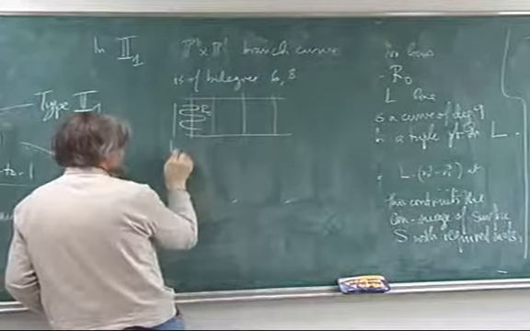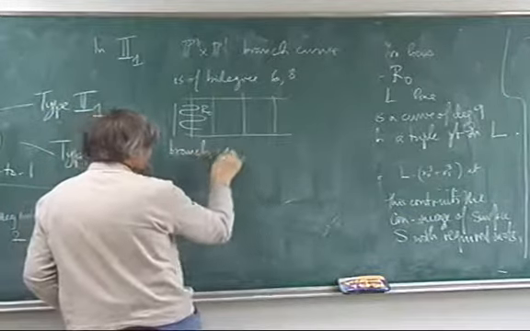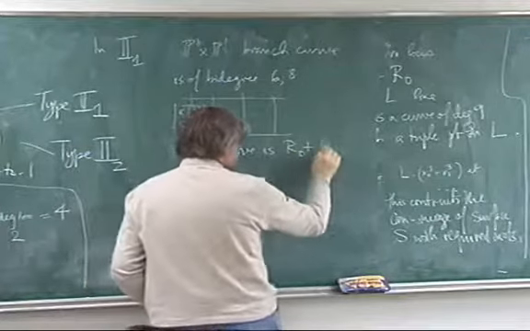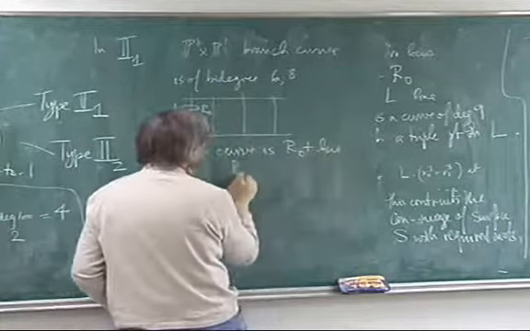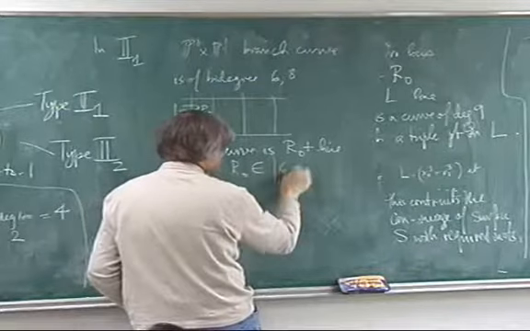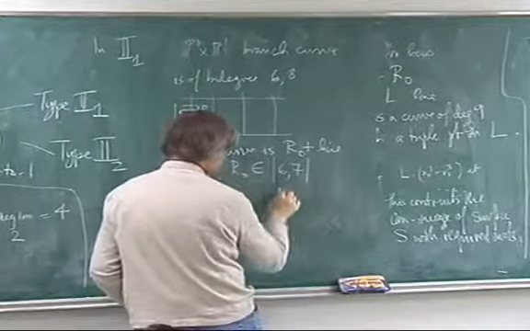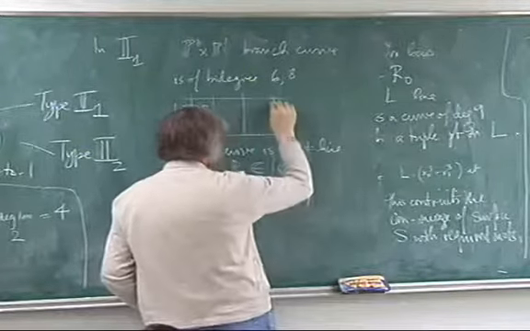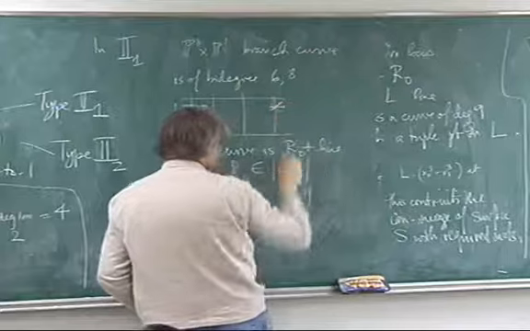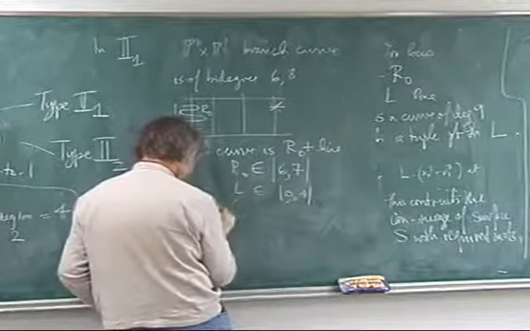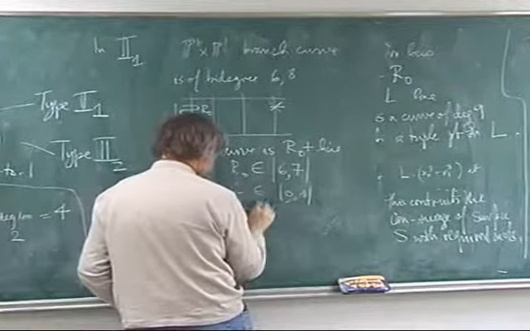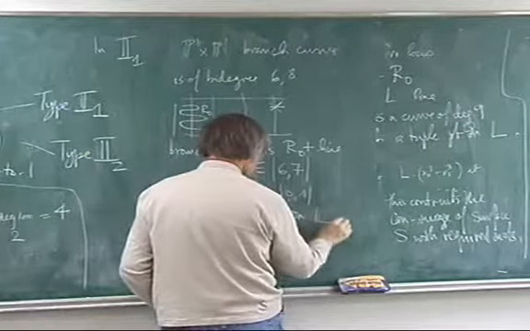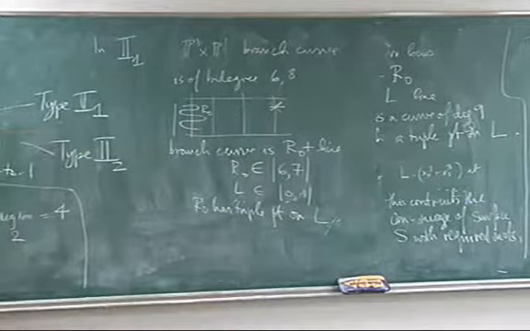The branch curve is R0 plus a line. The R0 is in 6, 7, and the line is in 0, 1. And the R0 has a triple point on L.